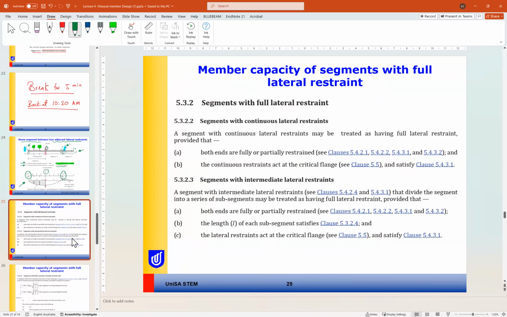Okay, so now after we know the types of lateral restraint, we need to start calculating the member capacity. We will start with the member capacity of a segment with full lateral restraint.